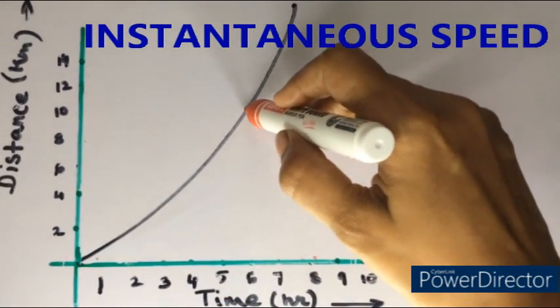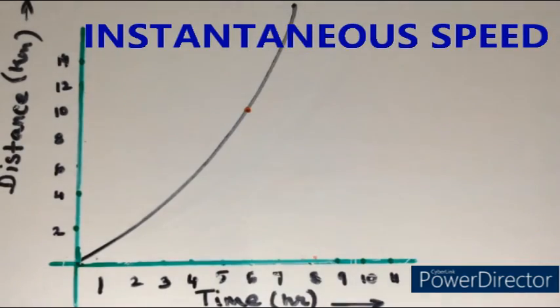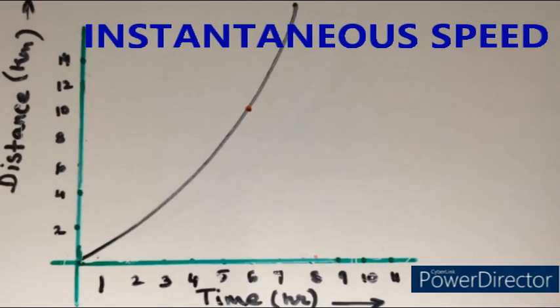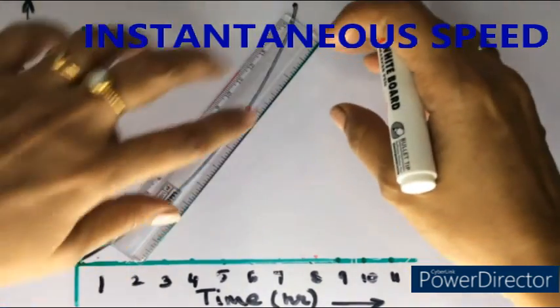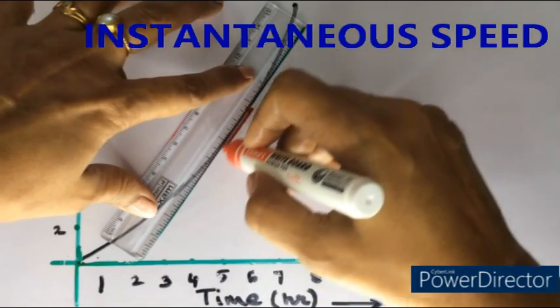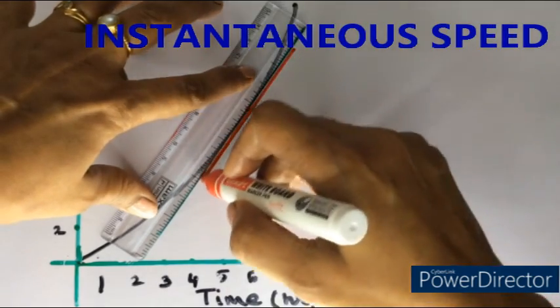Suppose you are asked to find the speed at this particular instant. How are we going to calculate it? For that, we have to find the tangent at this point.